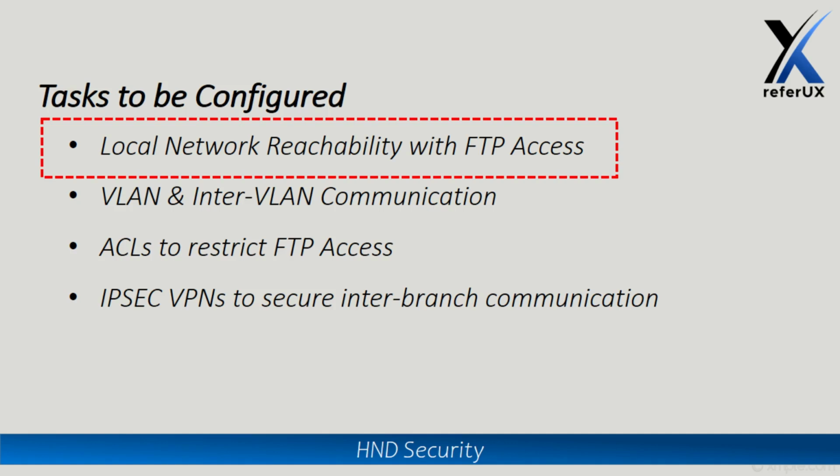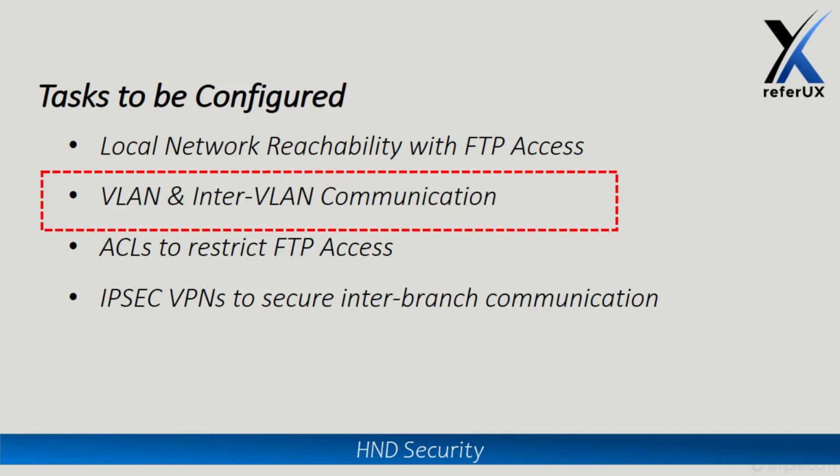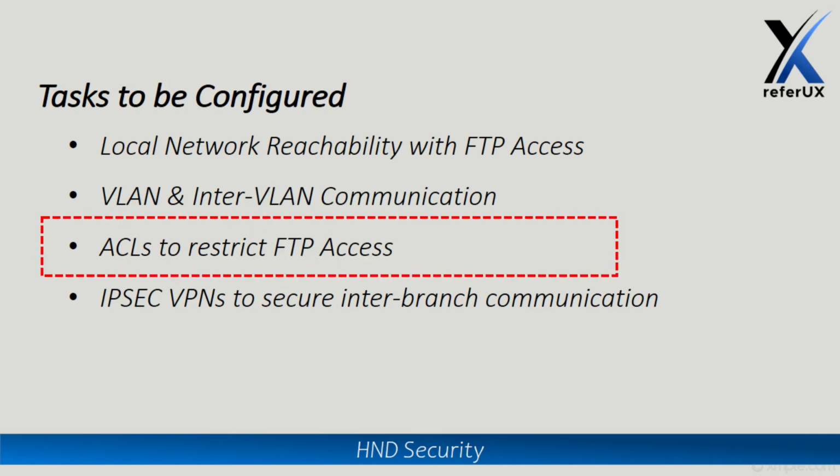If I do a recap, in the first video we showed you how to implement a LAN configuration including FTP access. In the second video, I showed you implementation of VLANs and inter-VLAN communication among the branches.